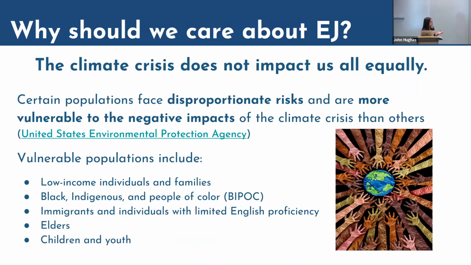And so some of these more vulnerable populations can include low income individuals and families, people of color, indigenous people, immigrants, and individuals with limited English proficiency, as well as elders and children and youth. And so that makes up a lot of the population. And so if our environmental efforts are not targeted to serve them, then so many people are being left behind.